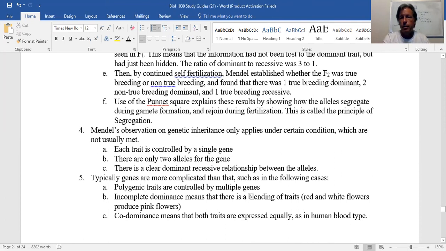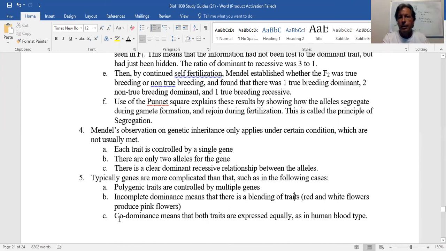Incomplete dominance: we see a blending of traits. Once again, when you hear the word incomplete dominance, you should automatically think blending. An example of that: we may have a plant that has red flowers and white flowers, and when we cross-fertilize them, we see pink flowers. So that's neither white nor red. There is no dominant or recessive. It's a blending of the traits, right?